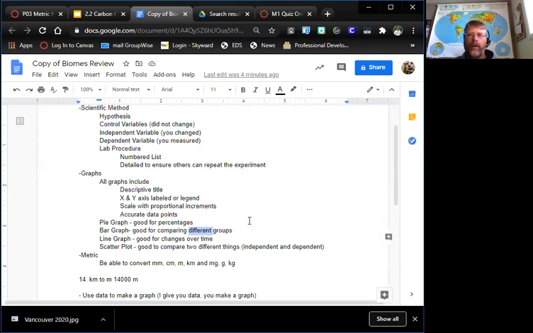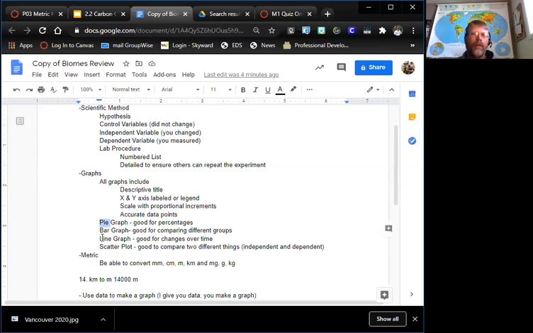So in environmental science, we might do how many pea plants are growing. That would be a good bar graph. If you were saying what was the percent of moss covering the dirt, that would be a good pie graph.